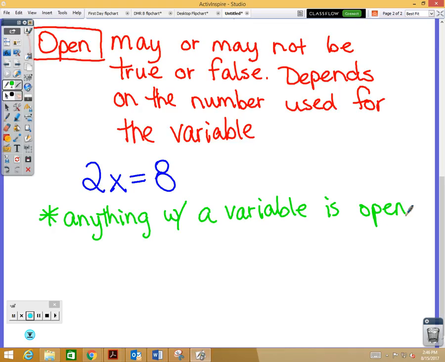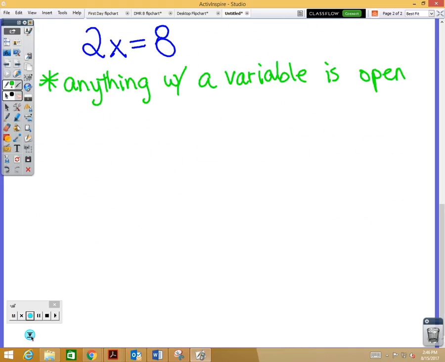So now what we're going to do is look at an equation. I'm going to tell you what I want you to use for the variable, and then we're going to decide if we use that number for the variable, whether it's going to make it true or false. Okay? So let's write an equation. We're going to write the equation 32 equals 2x plus 12. And I'm going to say that x equals 6.